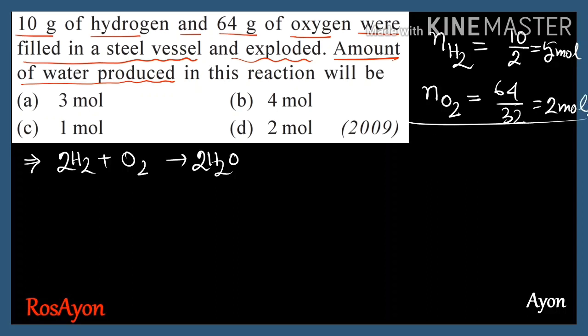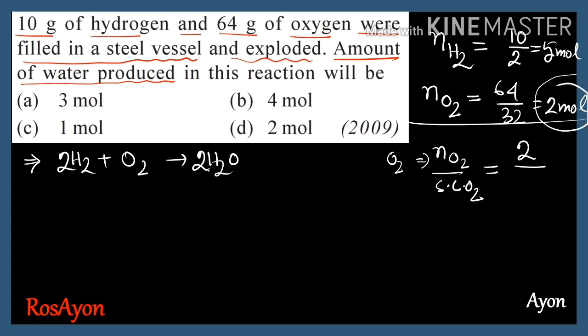This is clear. Now for O2, number of moles of O2, 2 mole, divided by stoichiometric coefficient of O2, which is 1, that is equal to 2.